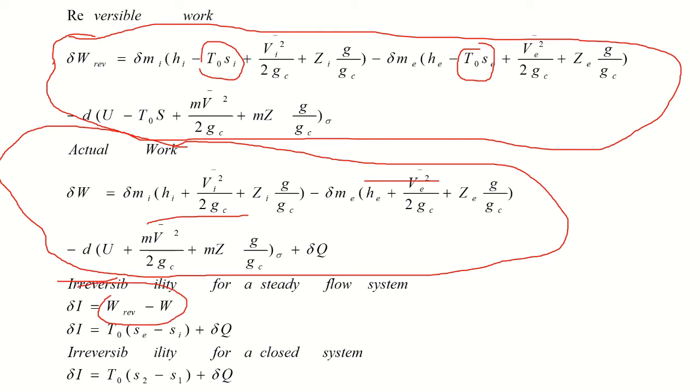So delta I is equal to T naught (S2 minus S1) plus delta Q. Oh, this is for a closed system. This is for a flow system: exit entropy, inlet entropy plus delta Q. Here, beginning of the process is at state 1, end of the process is at state 2. So that's all the difference. This is how you can calculate the irreversibilities.